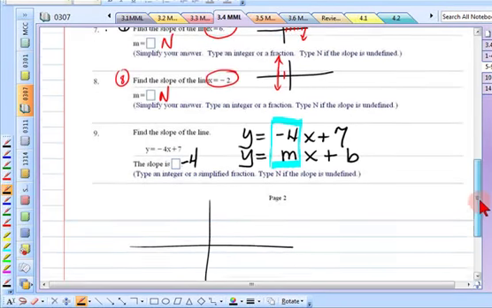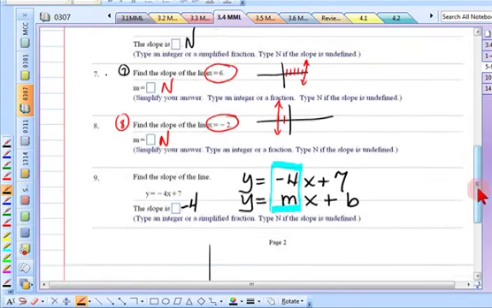Is it possible that you are sitting at 7 on the y-axis? Where did I come up with that? Do you remember from our notes? M is the slope, and B is the y-intercept, where the line crosses the y-axis.